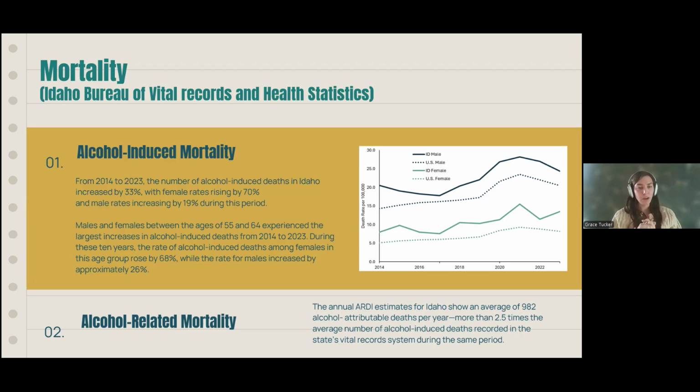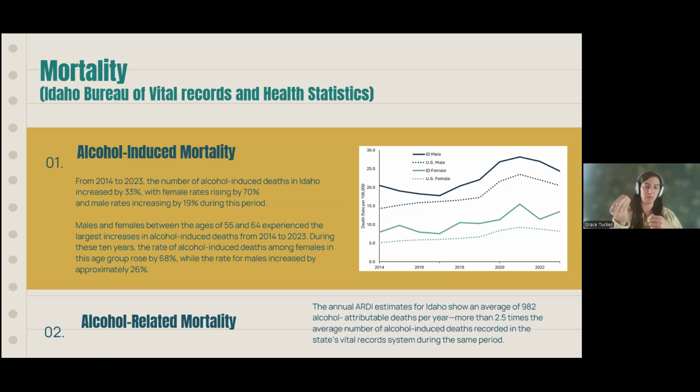I'm actually going to skip over the alcohol-related mortality piece. Just know that alcohol-induced death and alcohol-related mortality are two different things. Alcohol-induced mortality is a little bit more strict; it doesn't include motor vehicle crashes and things like that caused by alcohol consumption.